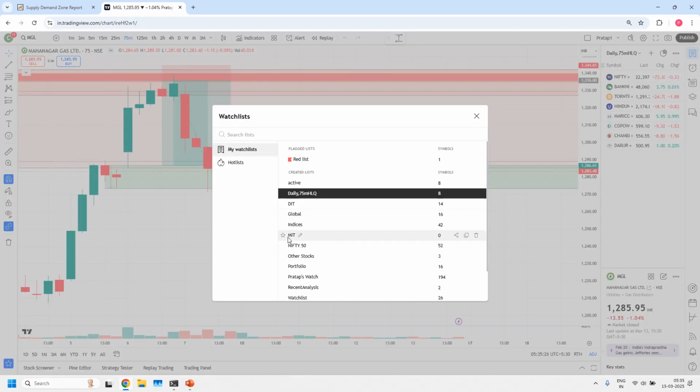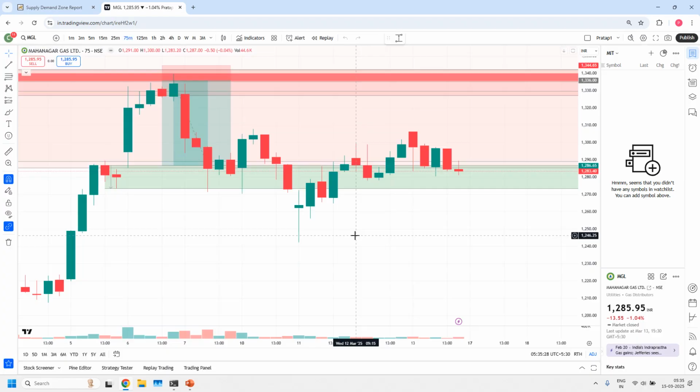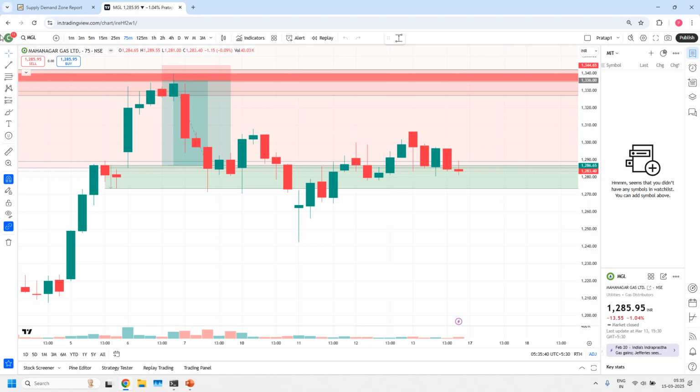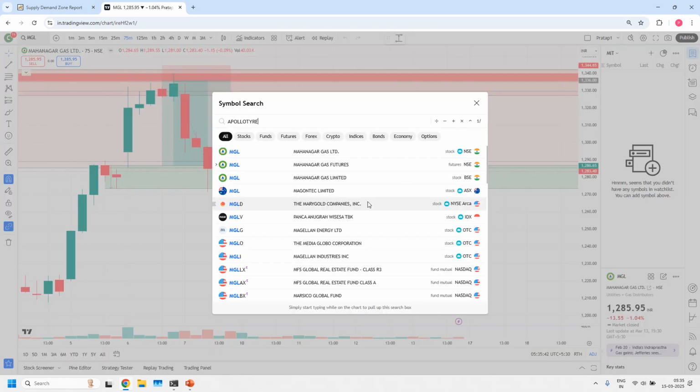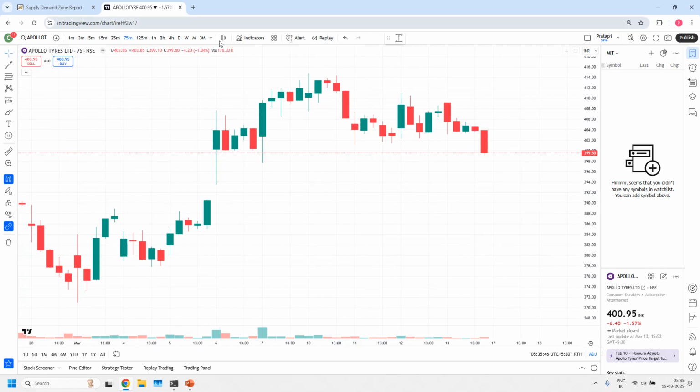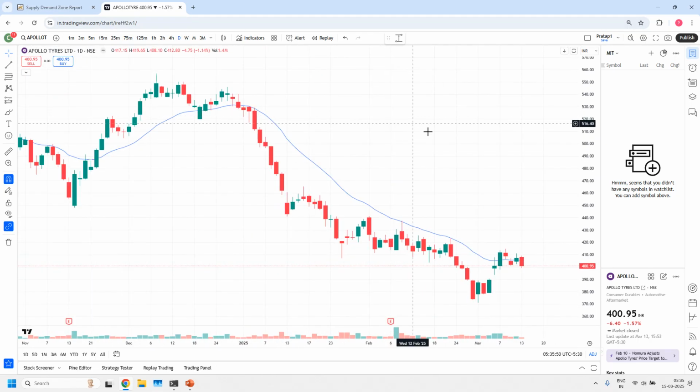I am selecting my watch list, and I will add all my stocks into this watch list. Let me start with the first one, Apollo Tyres. You select this stock, and here I am adding it. The entry time frame is daily, so I am selecting the daily time frame.